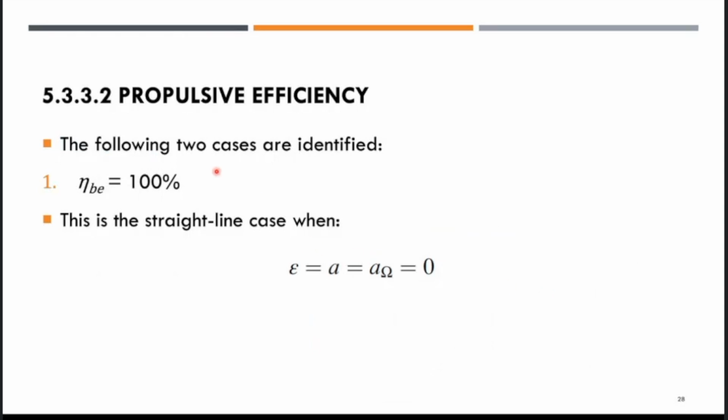The following two cases are identified when the efficiency of the blade element equals 100%. And this is a straight line case when eta equal to 0 and the inflow factor a, as well as a subscript omega, equal to 0, right?